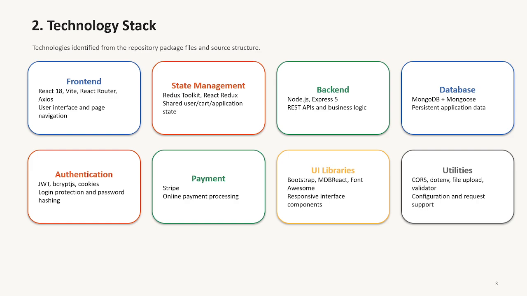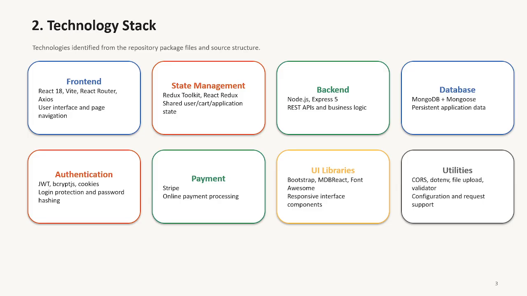For security, this project uses JWT. JWT stands for JSON Web Token. After a successful login, the server creates a token. Whenever the customer accesses protected pages like profile or orders, the token is verified. The project also uses bcrypt.